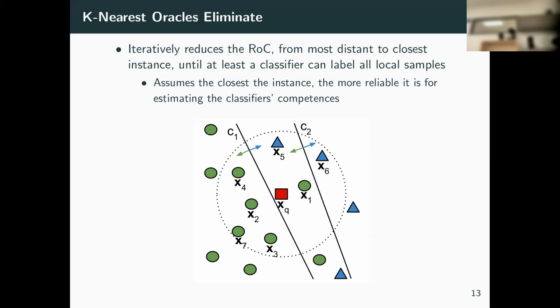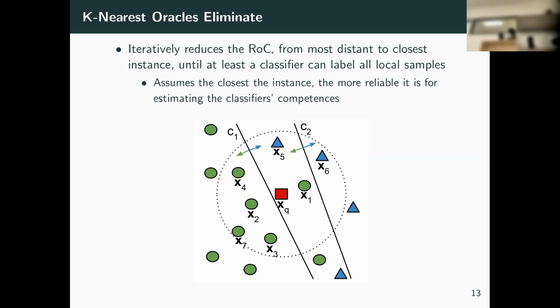In this case, the numbers indicate that they are ordered in terms of distance. So it will first remove the X7, and then it would check again if the classifiers can label the remaining samples. It would do that iteratively until there is only one sample and some classifier labels that.